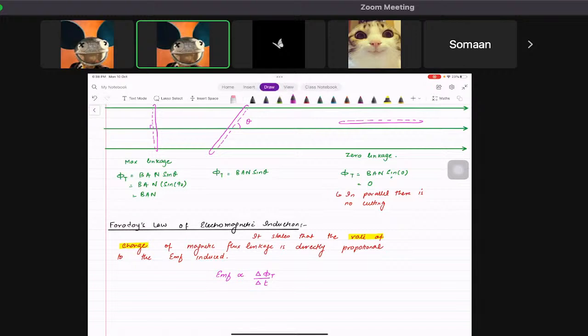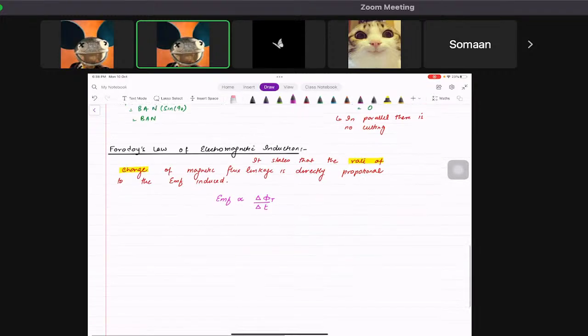Now, there was another scientist who later on gave his own law, which is Lenz's law.